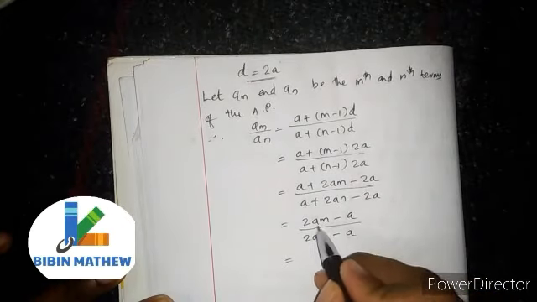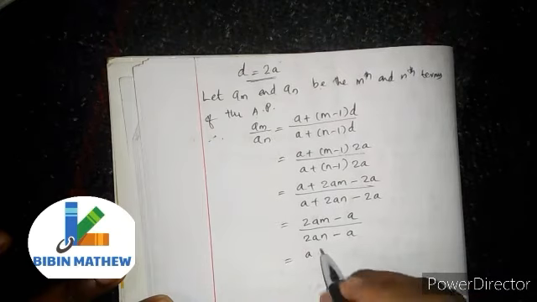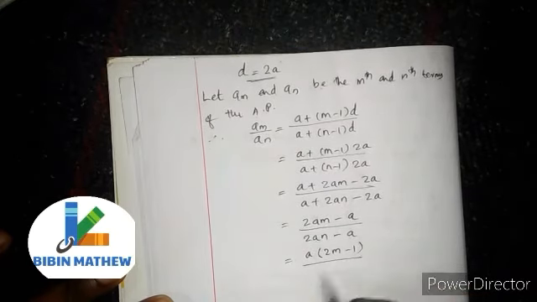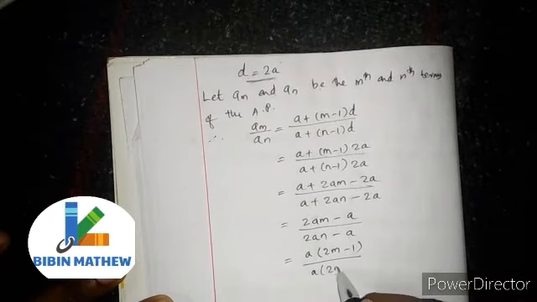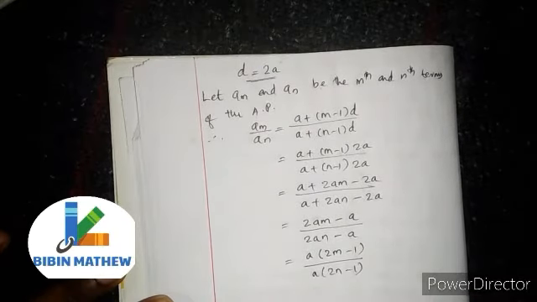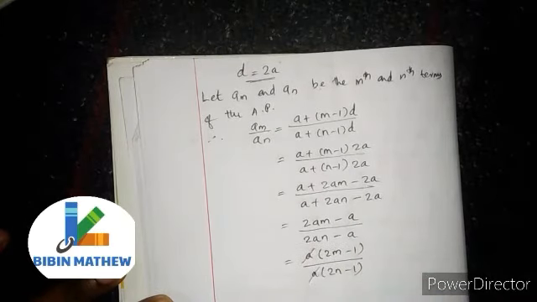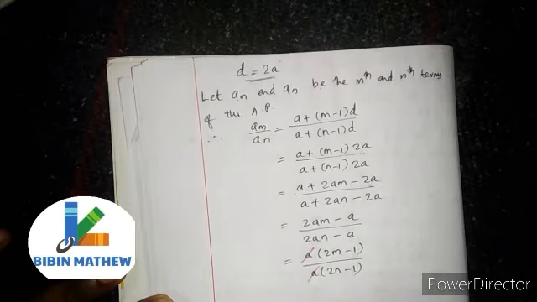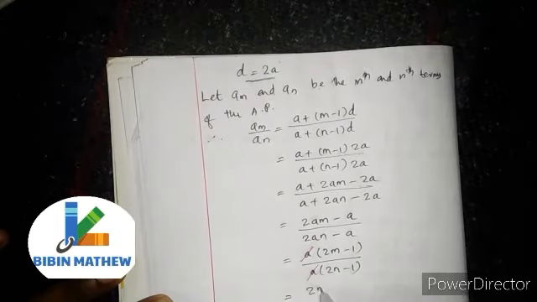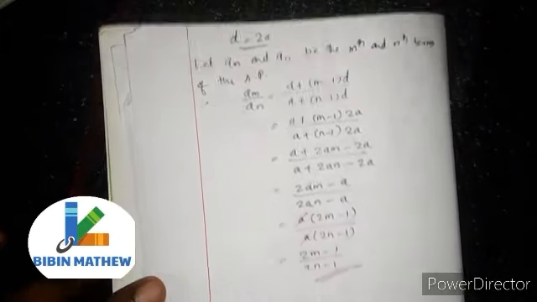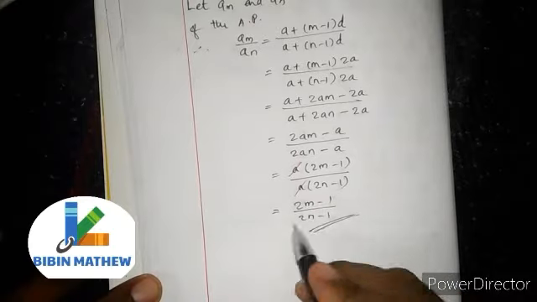Now in these two terms a is common, take it outside. So a into 2m minus 1 divided by a into 2n minus 1. a and a are like terms, you can cancel them from top and bottom. Cancelling them, you will get 2m minus 1 by 2n minus 1. That is the required proof. This is what you have to prove, hence proved.